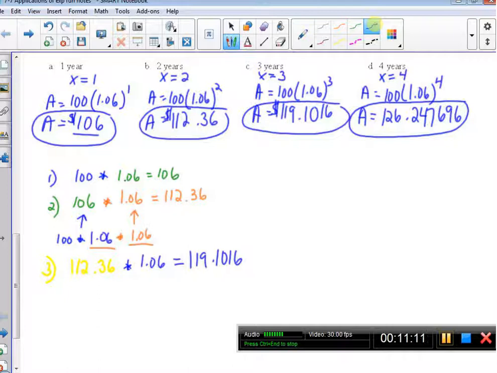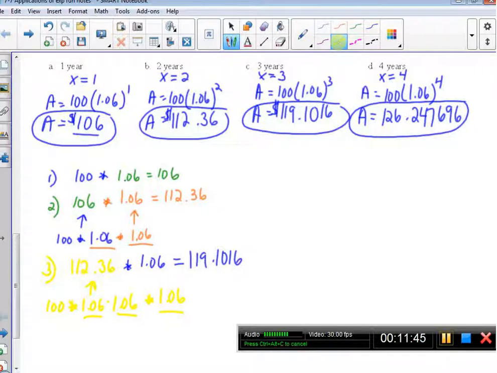But again, what's really going on is that 112.36 was made up of 100 times 1.06 times 1.06, and now times 1.06, which is really 3 of them, 1.06 to the third.